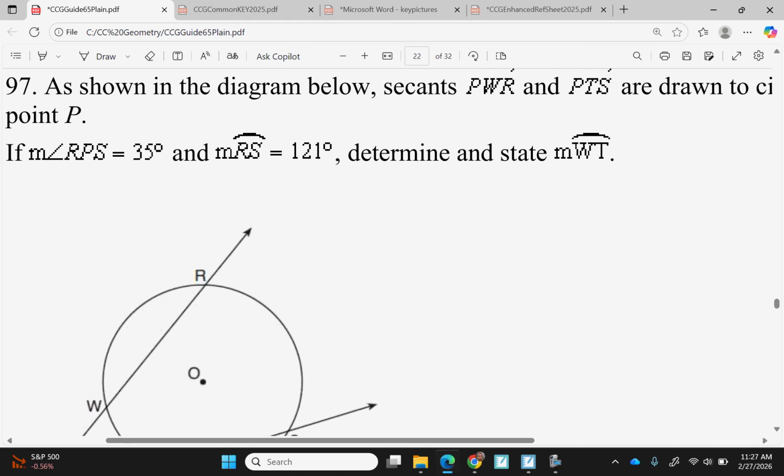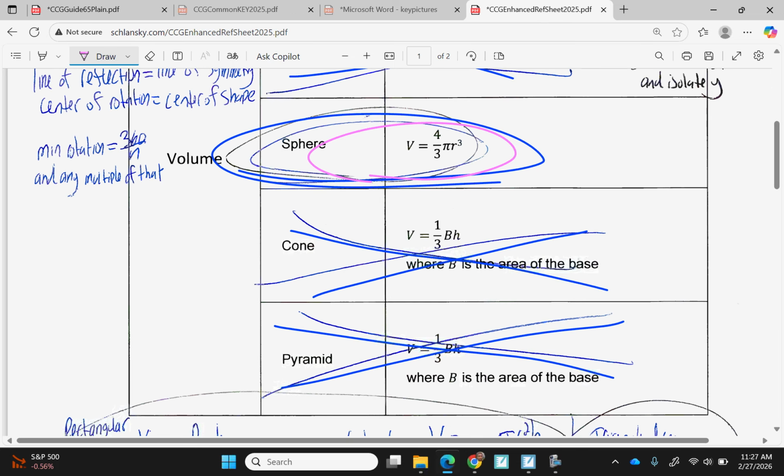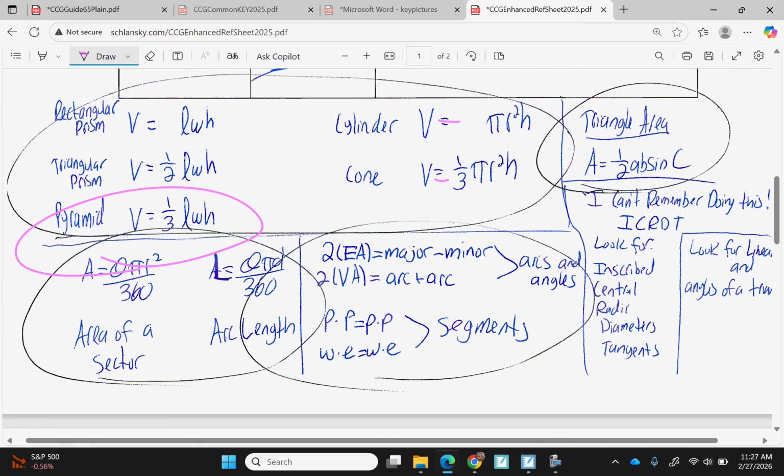Which brings us to our circle rules. Well, if we go back to our enhanced reference sheet, you got to build this. 2EA equals major minus minor. 2VA equals arc plus arc. And for segments, use PP and we.